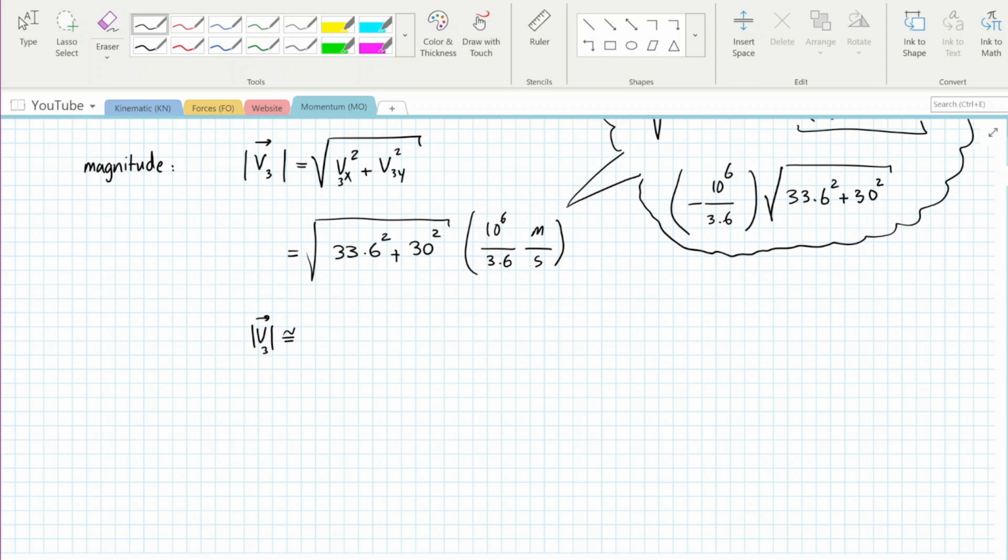Now that we are at the very last step of the numerical calculation process, we can go ahead and, using a calculator, find the final value of the magnitude of the velocity, which is 12.512 times 10 to the power of 6 meters per second.